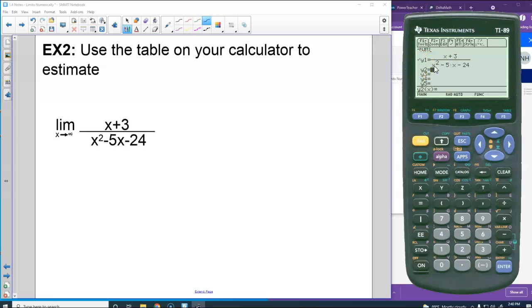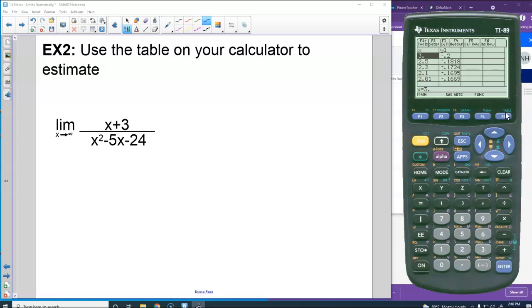There's no square button on these, so you just have to do 2 to the second power. All right, are we okay to go? Let's go to the table. No, you can clear it out.